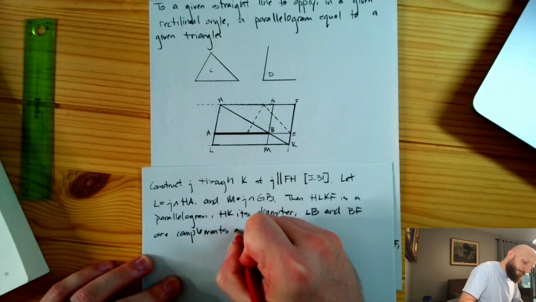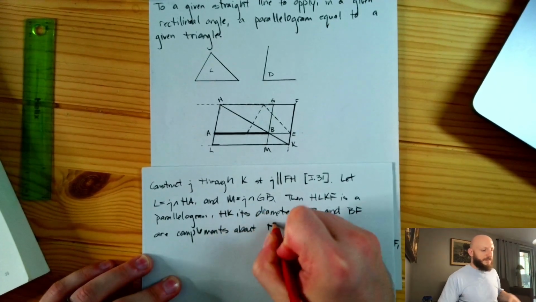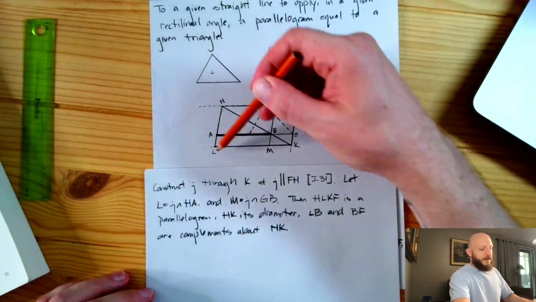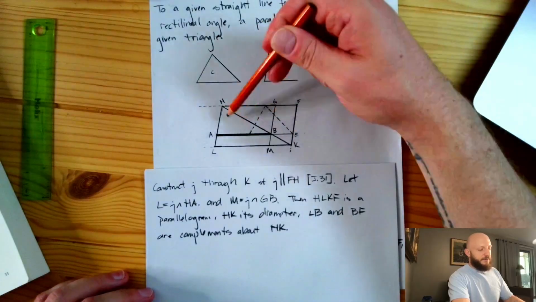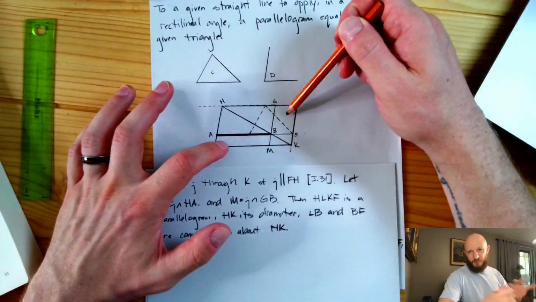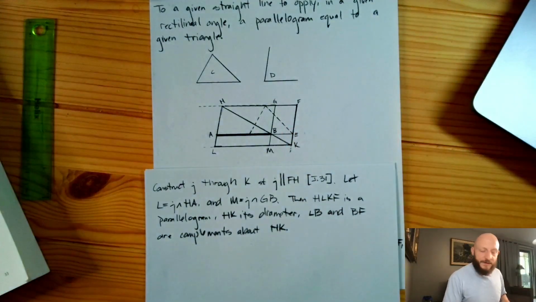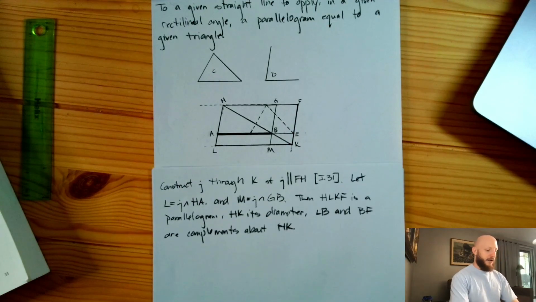So remember, complements mean if you have some larger parallelogram with a diameter, then that diameter cuts off two parallelograms on either side that are extended off of the diameter. Those are called complements. And we had a proposition, Prop 43, that said the complements are equal to each other.